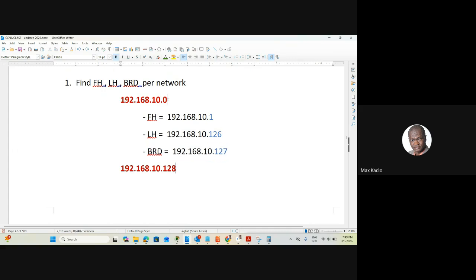When you have your network, the very first host is your network 0+1. How to find your broadcast? You do the next network -1. To find the last valid host, you do the broadcast -1 and you're sorted.